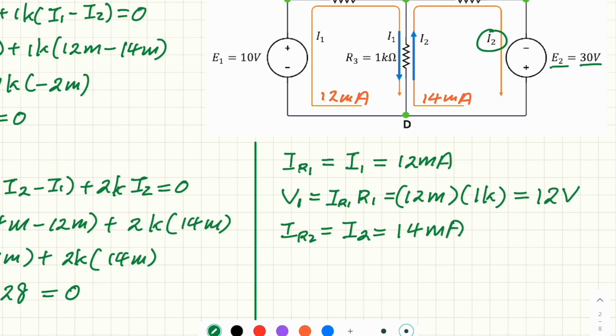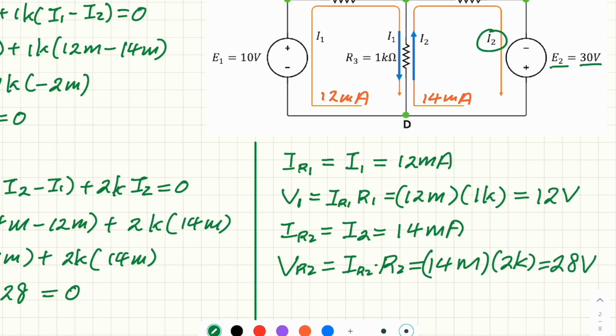The voltage across R2 is IR2 multiplied by R2. It is equal to 14 milliamp multiplied by 2K, and it is equal to 28 volts.